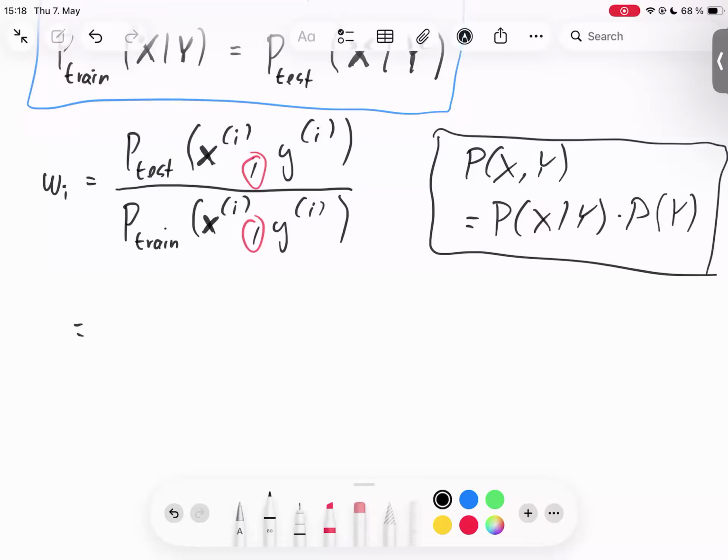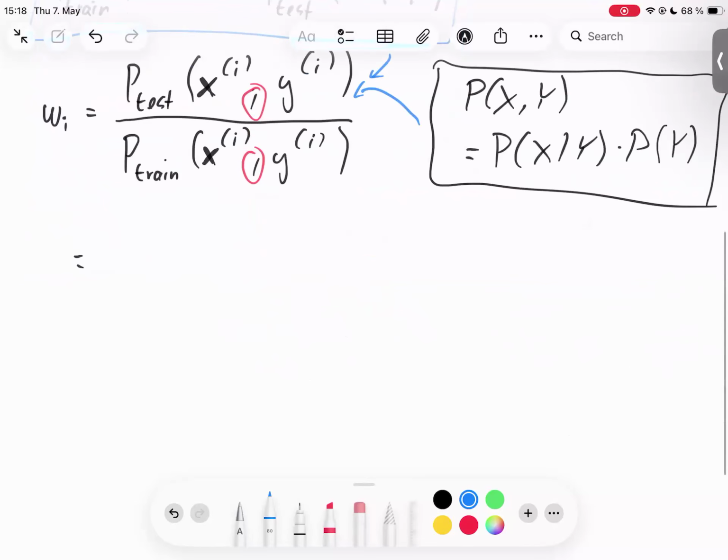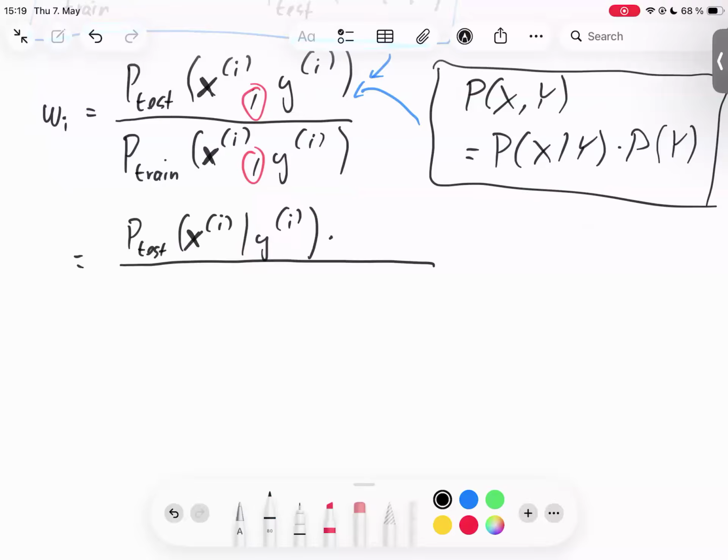So this is a law of probability theory, and we can apply this now over here. So we can say that this is P test of xi given yi times P test of yi.